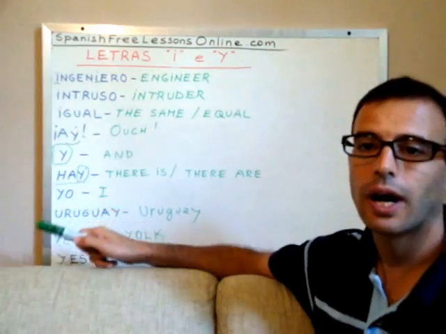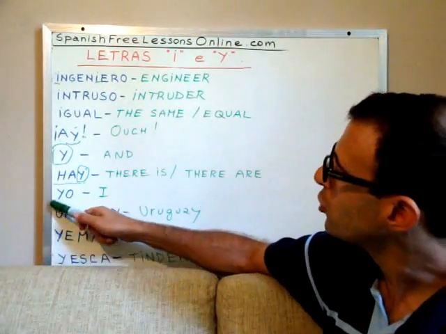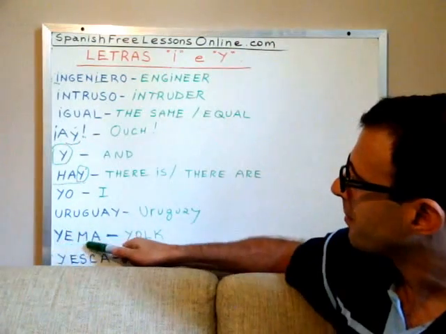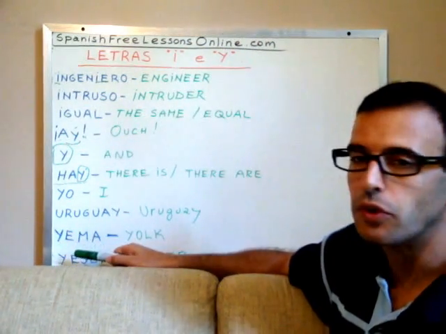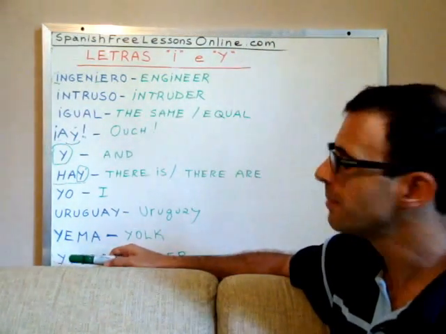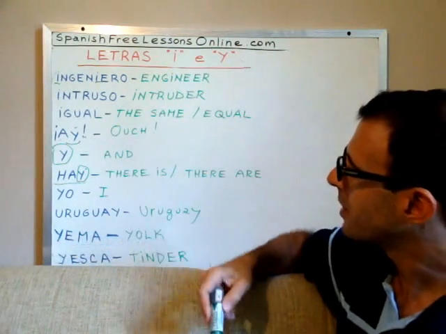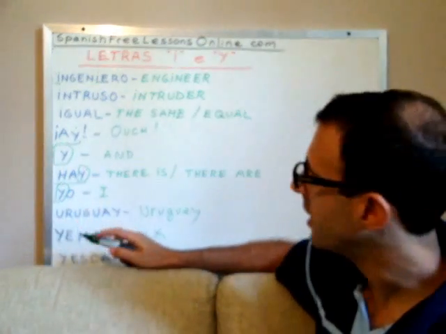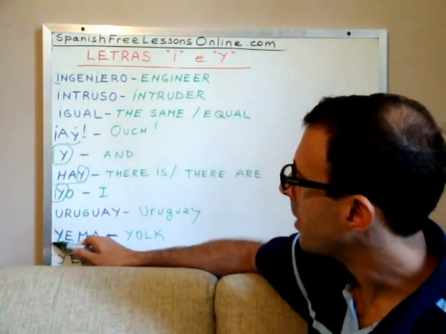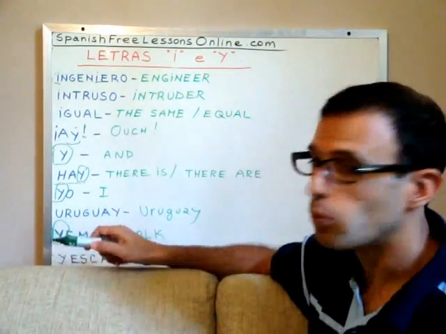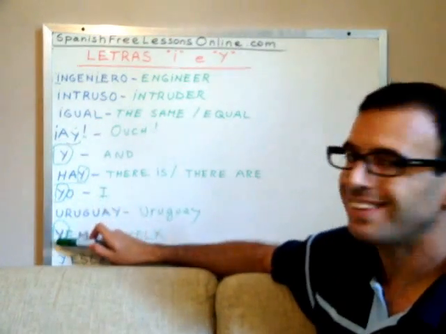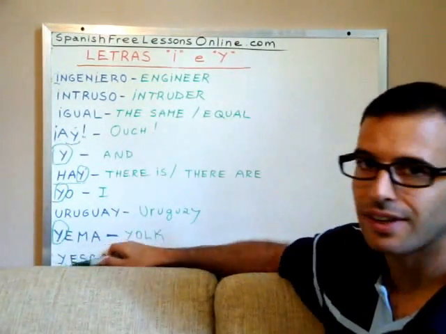This is yo, I, okay? Yo. Yema. Yema is yolk, the yolk of an egg, okay? Yema. So here, letter Y is followed by a vowel in the same word, okay? So it's yo, yema, yesca.